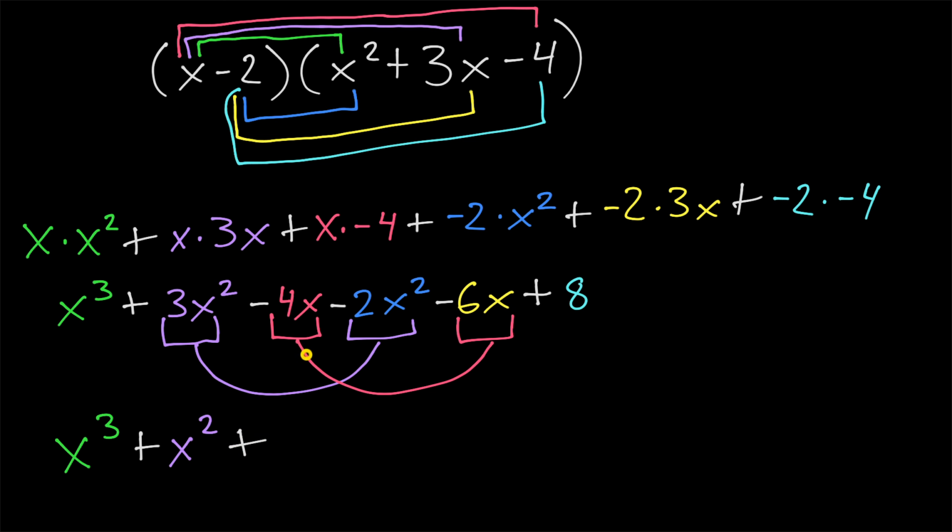Plus, now we have negative 4x, take away 6x. Negative 4 minus 6 is going to be equal to negative 10. So rather, instead of putting a plus sign here, we should have put a minus 10x. And then we just have this plus 8 dangling at the end. Plus 8. And that's your final answer.